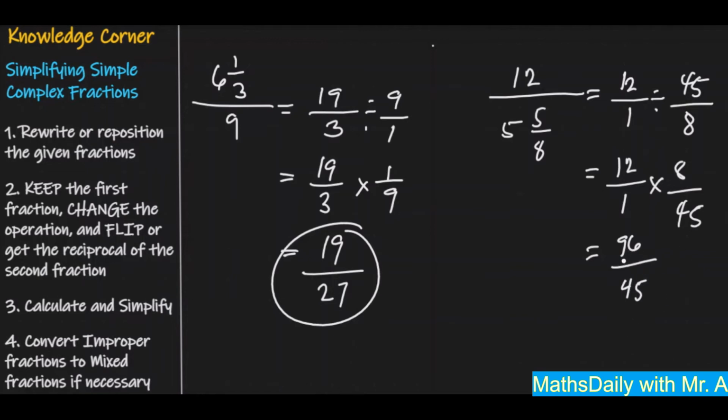So since our final answer is an improper fraction, we can convert this into a mixed number. So this will give us 2 and 6/45. So this is our final answer.